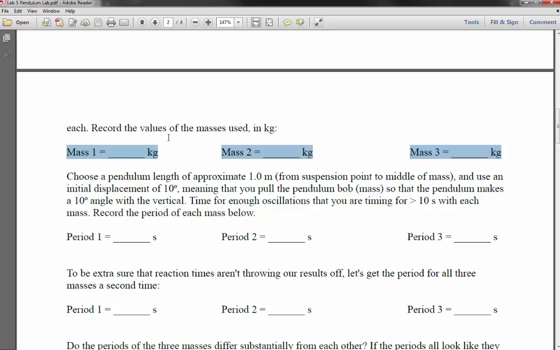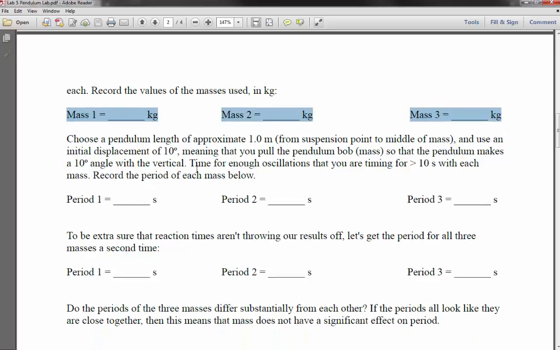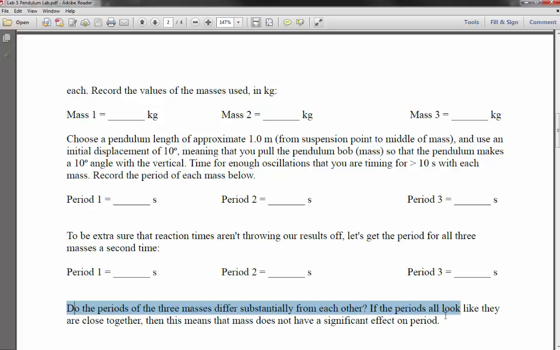Usually, if something is supposed to change the period, then we would do more measurements with that something. Then there's this question about, do the periods differ substantially from each other? If the periods all look like they are close together, then this means the mass does not have a significant effect on the period. So those should be strongly hinting that the answer here is no effect.